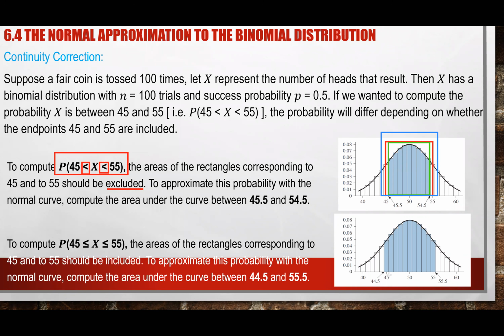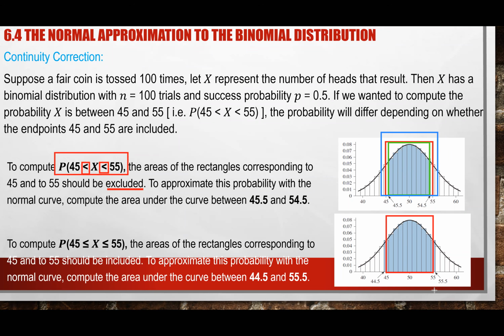And if you compare this item to the bottom, because we include the endpoint, because we include the 45 and the 55, we need to extend this area a little bit bigger. So on the left-hand side, I need to move to the left, which I subtract the 0.5. And on the right-hand side, I need to move to the right, I need to add 0.5.